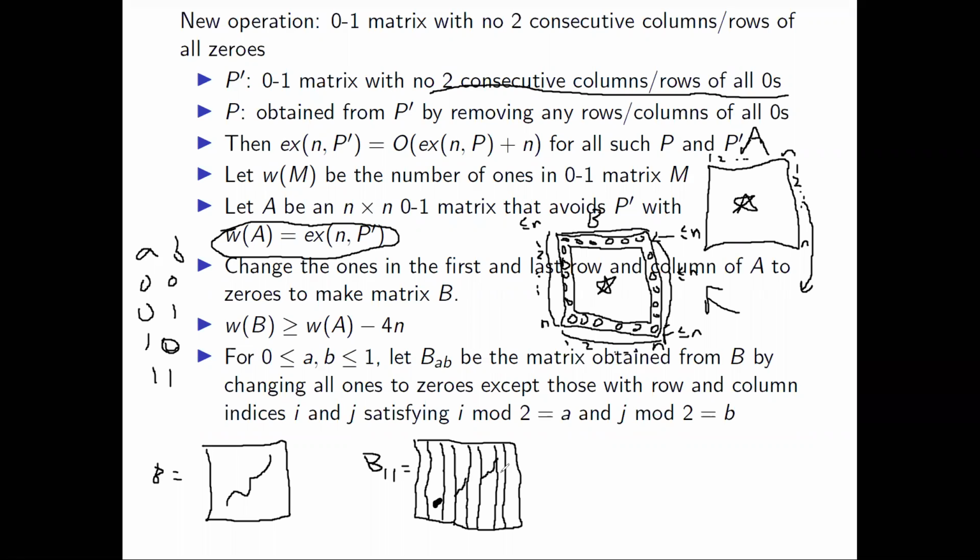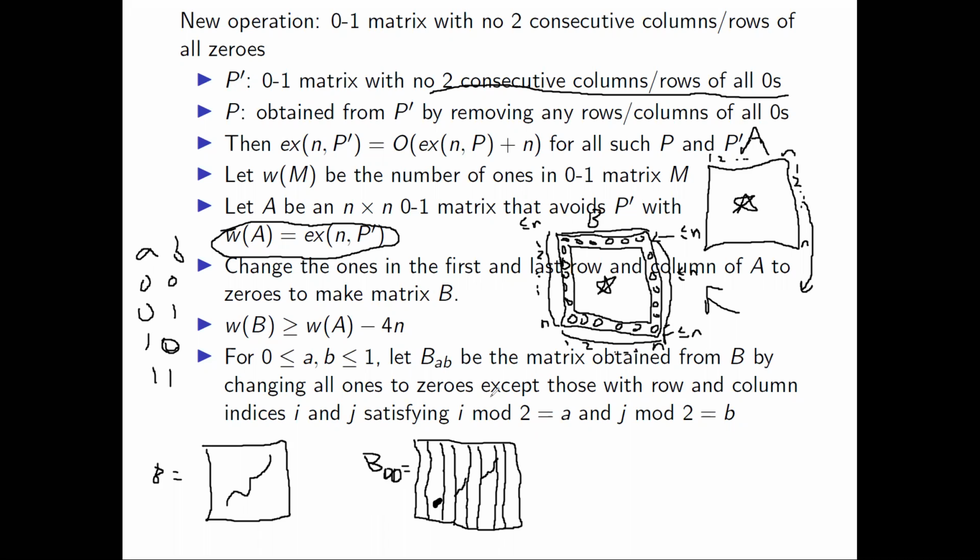So you can see what happened here. These columns, actually, I wrote that backwards. We'll say that this one, instead of B11, is B00, because the way I drew it was actually just B00. So in B00, the even columns are the ones we don't turn 0.